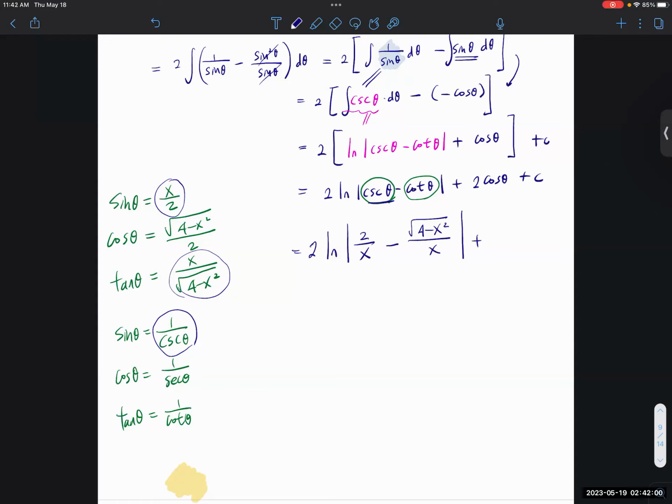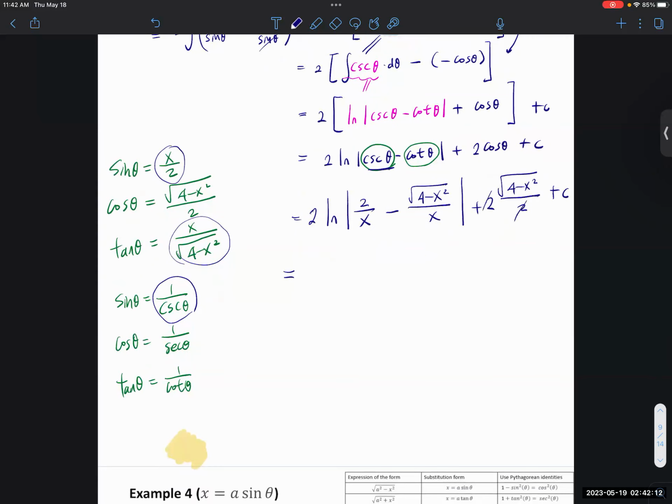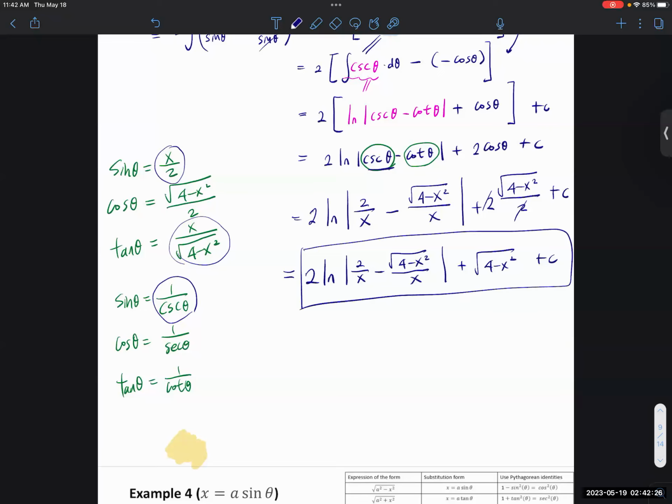And then we already know cosine, which is radical 4 minus x second over 2, and plus c. Good. So now I'm going to really simplify final. 2 and 2 cancel. So 2 ln 2 over x minus radical 4 minus x second over x plus radical 4 minus x second plus c. That's your final answer.